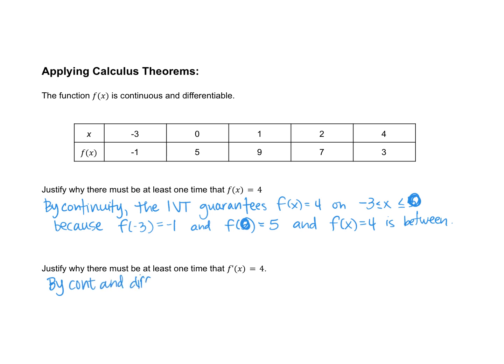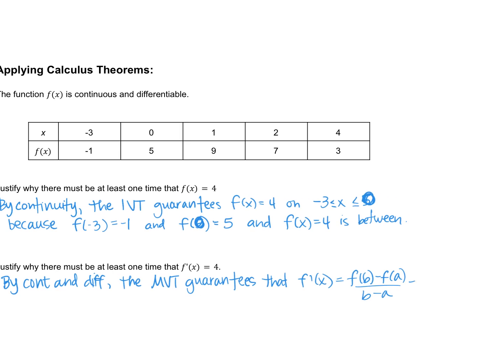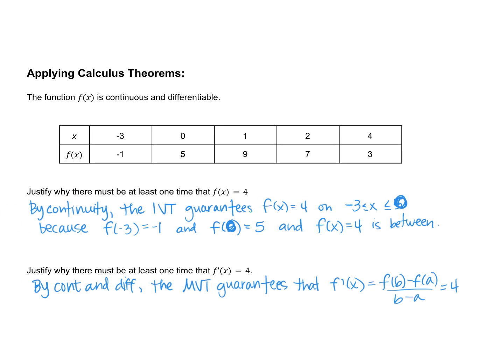Okay, so we've got both. The MVT guarantees that f prime of x, which is going to be f of b minus f of a over b minus a, must be equal to 4. And again, that should happen at least once.